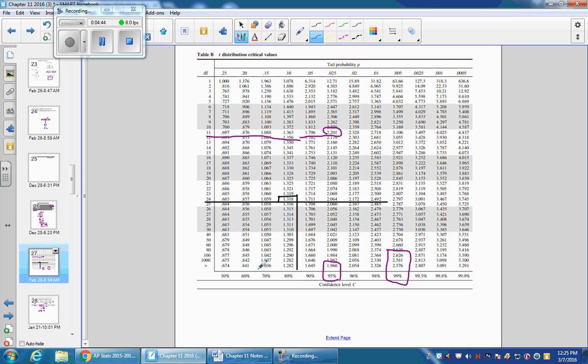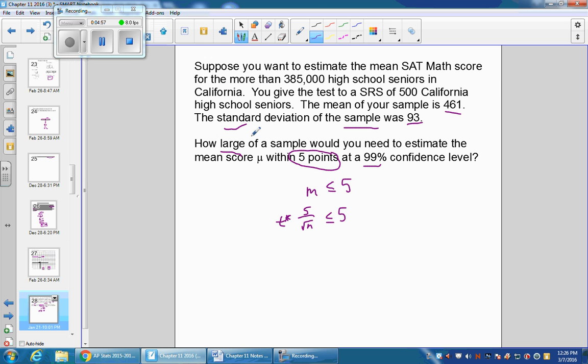I would expect it to be a pretty high number, so let's say that n is between 100 and 1,000. We'll use this for our t star, 2.626. Our standard deviation is 93 over the square root of n.